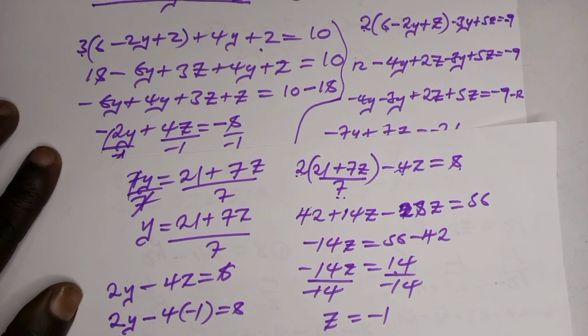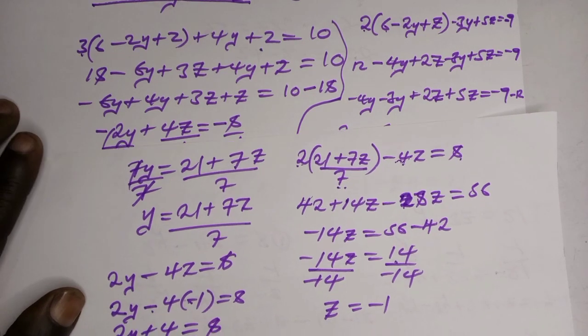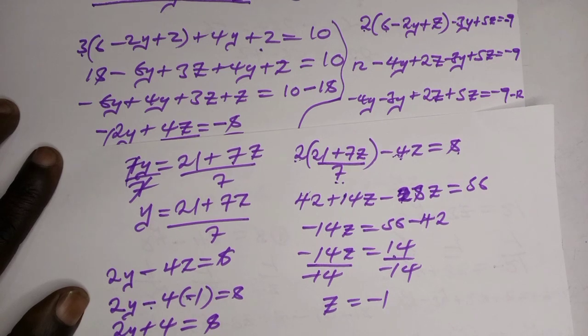Then 2y, negative times negative, is positive 4, equals 8. When 4 crosses the equal sign, it will be minus 4, so 2y equals 8 minus 4, which is 4. Divided by 2, y is 2.